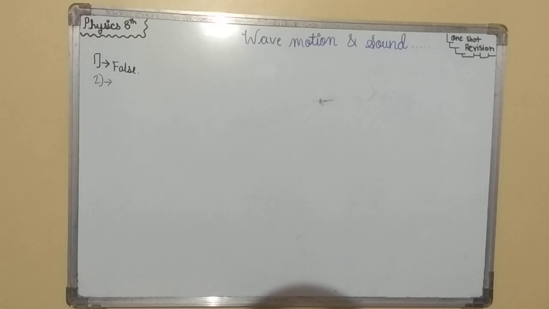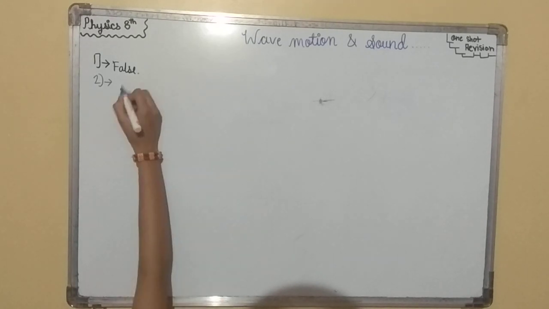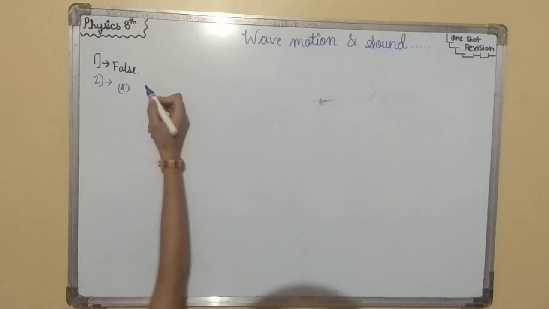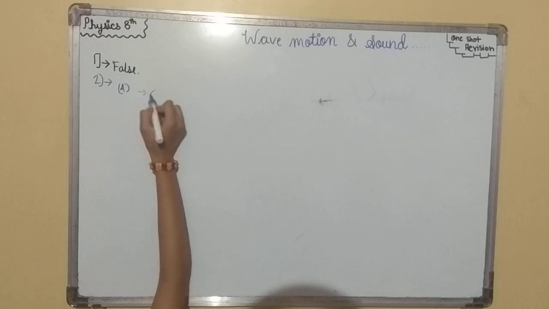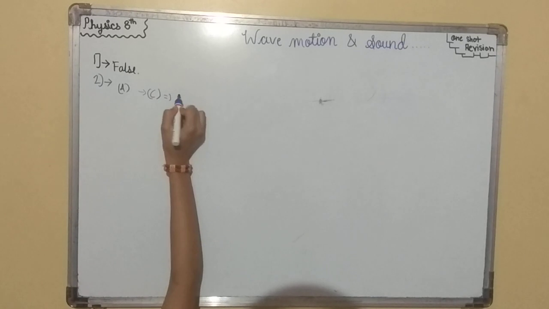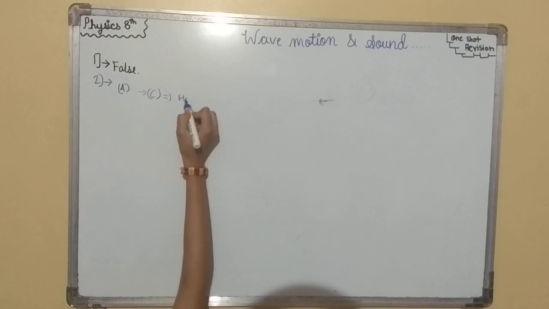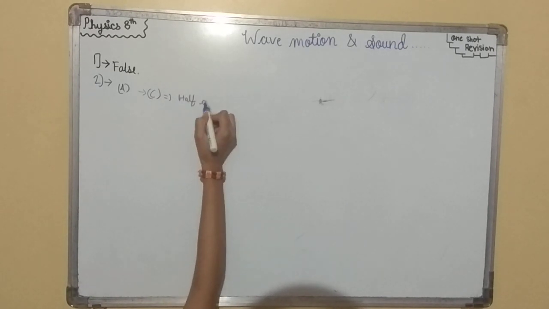So the answer is: the journey from one extreme, first extreme A, to the other extreme C is half an oscillation.